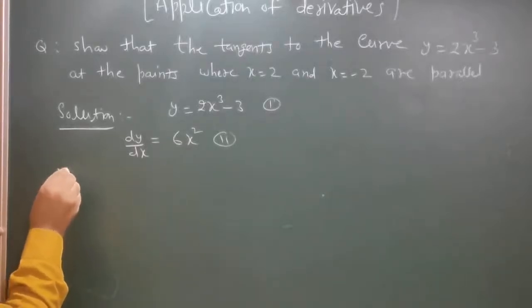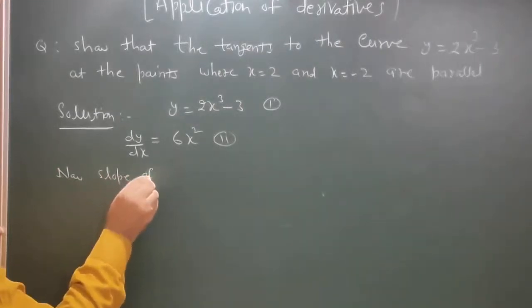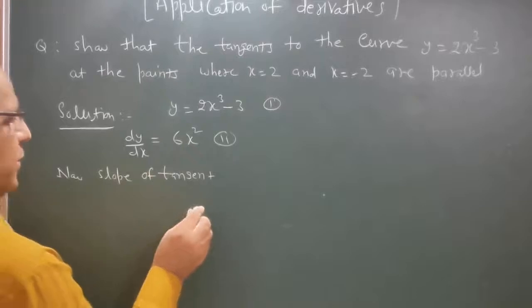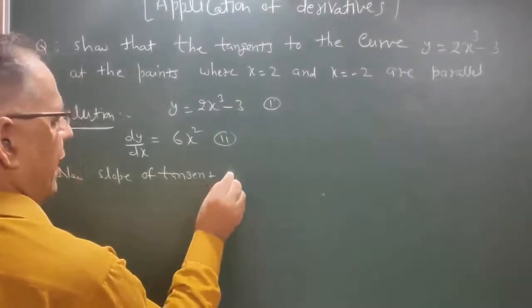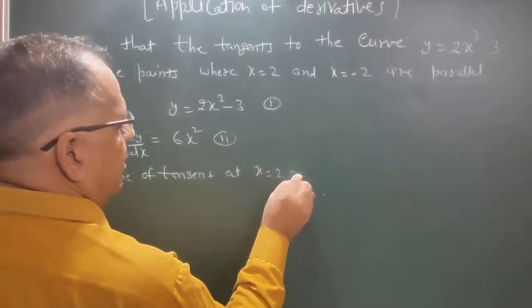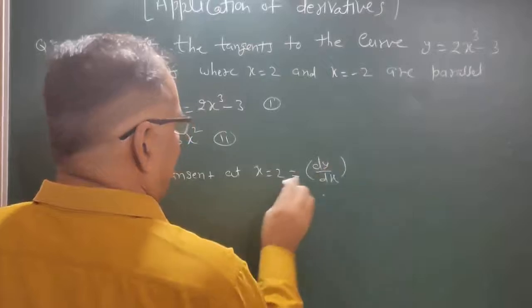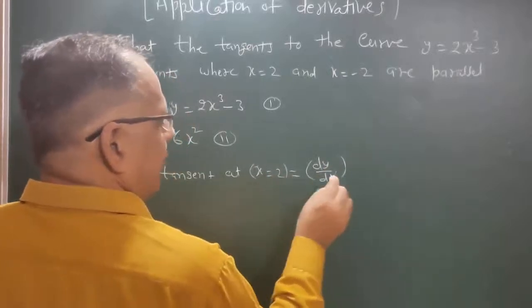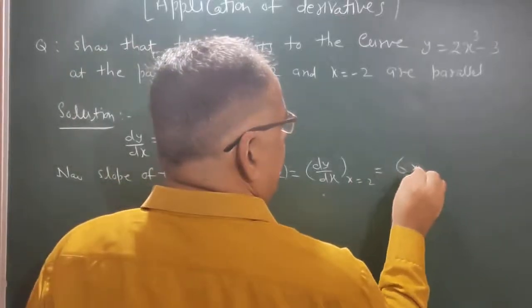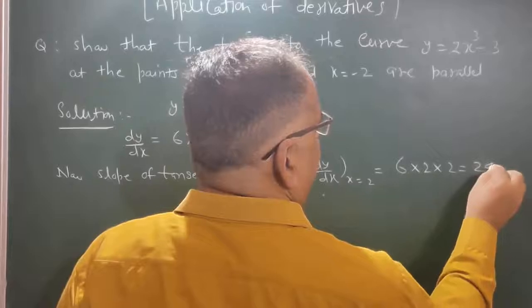Now the slope of tangent at x equal to 2 is equal to dy over dx at x equal to 2, that means 6 into 2 into 2, 24.